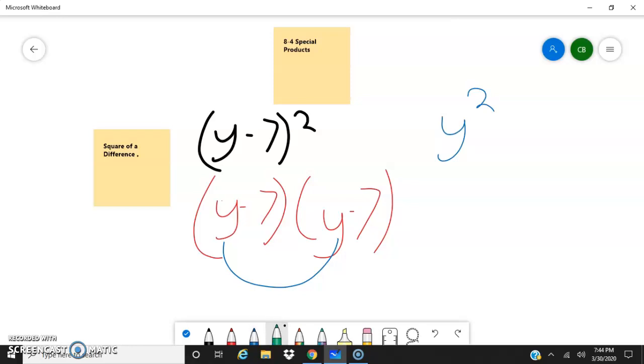Outside now, y times negative 7, because that negative goes with it, so minus 7y. Then inside numbers, negative 7 times y, minus 7y.